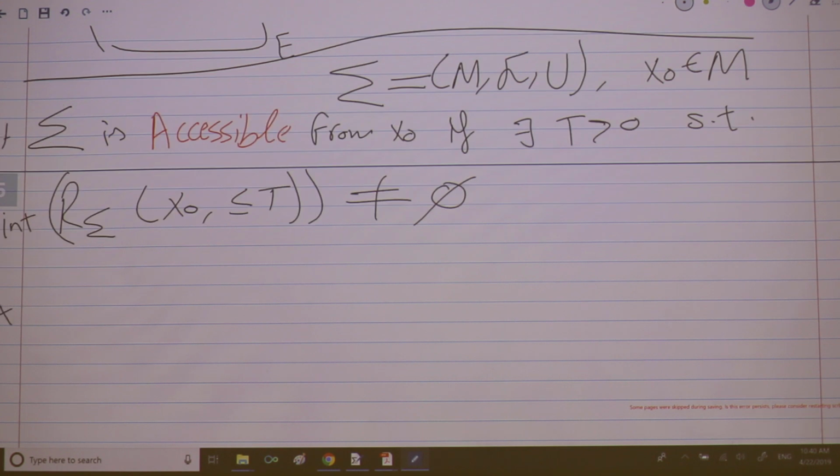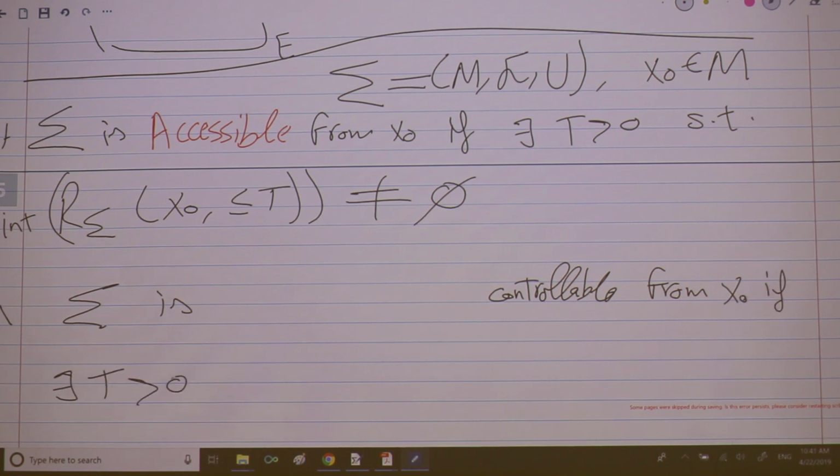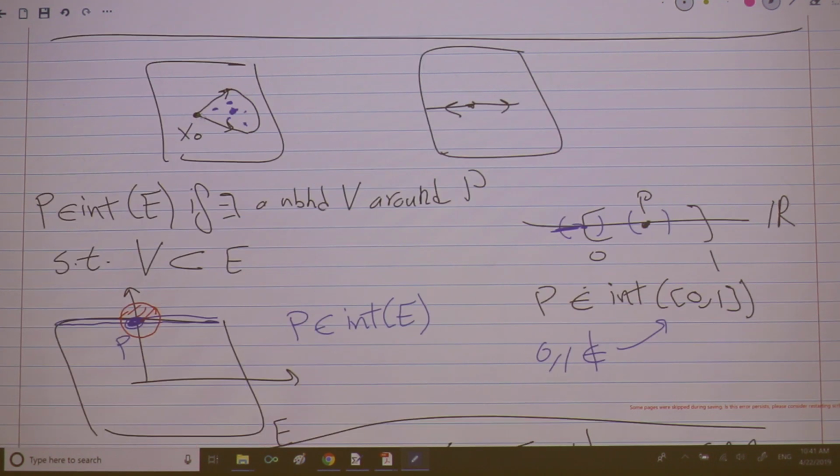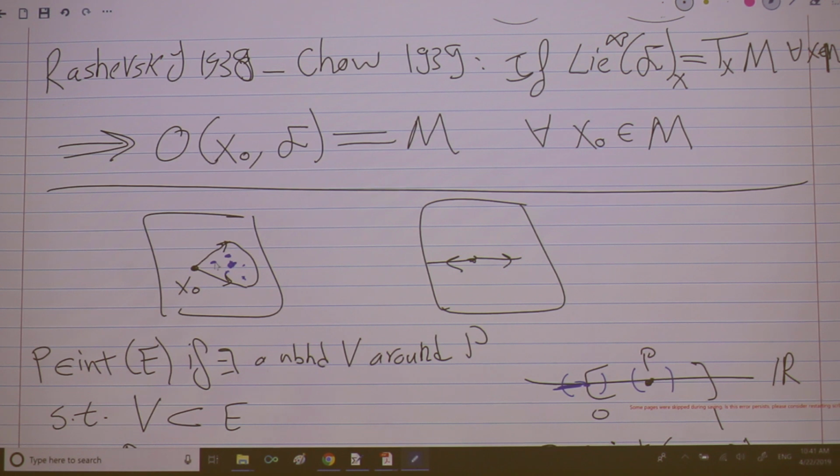Then the definition of controllability is what? Sigma is controllable from X naught if there exists some time t such that, let's come up with a definition together. So I have this set. Now we're saying actually I don't have this issue of directionality. It's as if my orbit coincides with the reachable set.